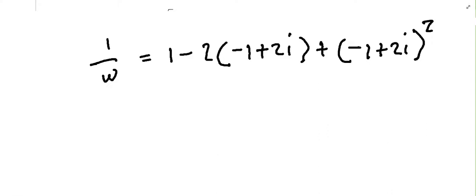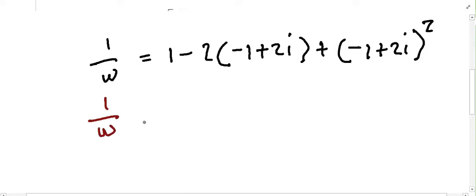If you were to work it out nicely, you're going to find that 1 over w is simply equal to 1 plus 2. This negative 2 times 1 is plus 2. This negative 2 times that is going to be negative 4i. Then there you simply have this.